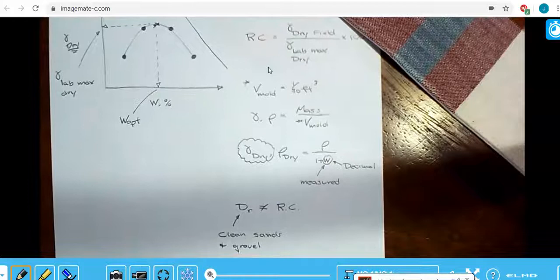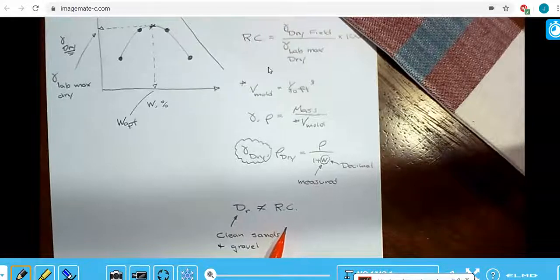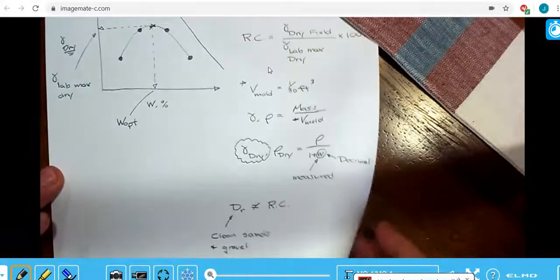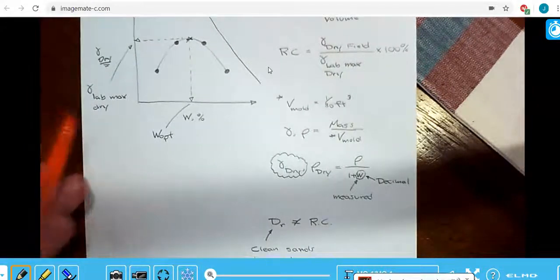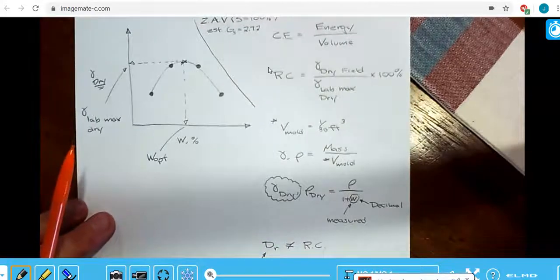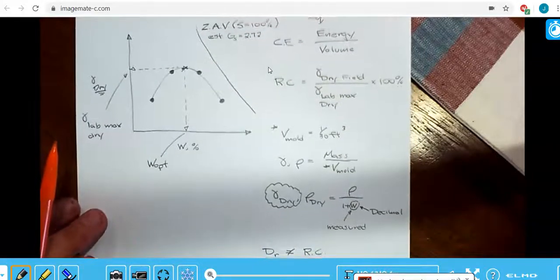And so it's different than relative compaction. You guys have probably reviewed that in lecture, so I just want to make sure that's clear. Okay, so that's a little bit of background about the test, and of course watch the video demonstration, and I think some of my notes will be more clear.